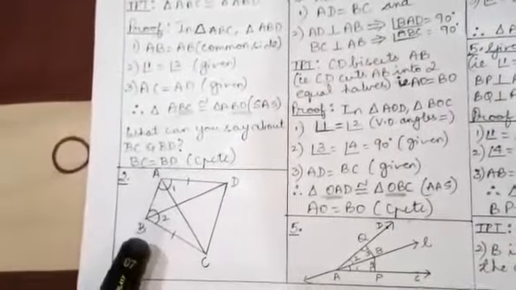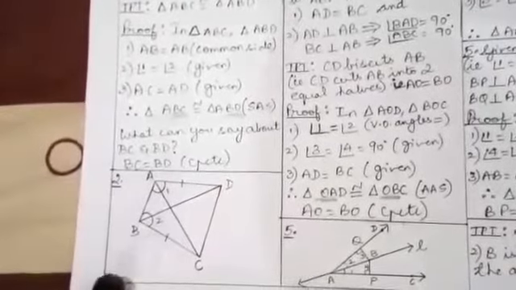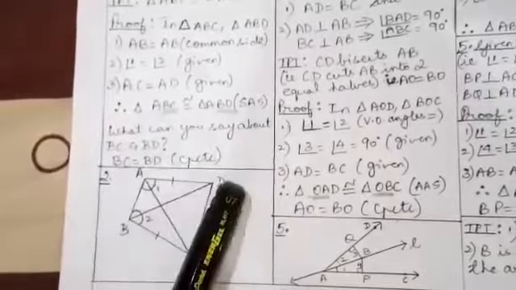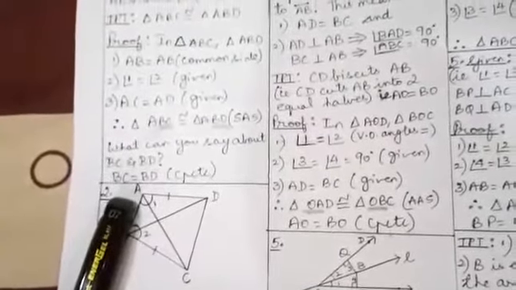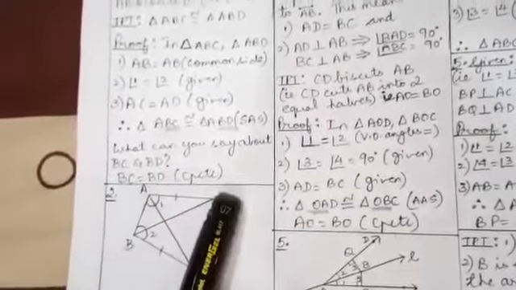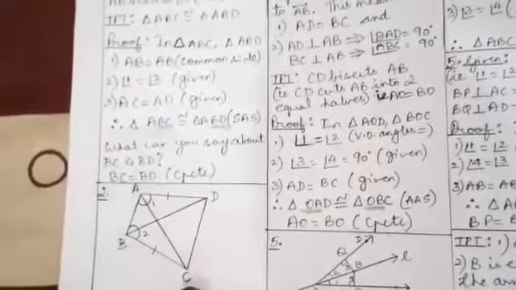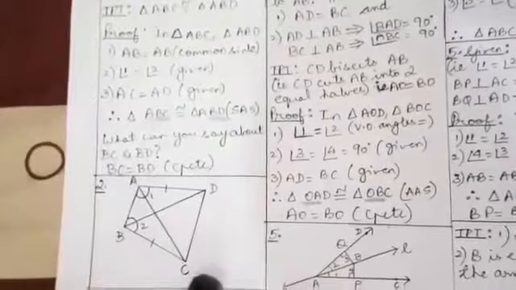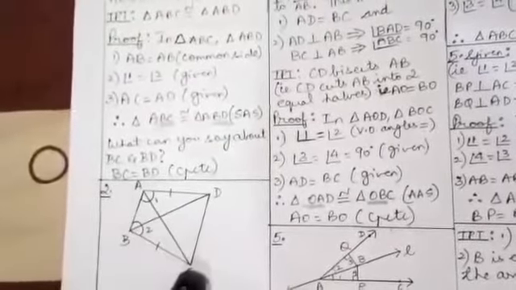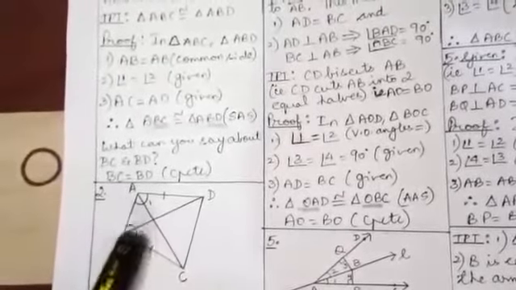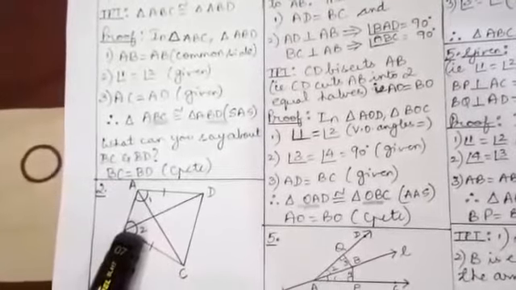Triangle ABD has angle 1 completely in it, and the side AD. And the other triangle BAC or ABC has the side BC and angle 2 completely in it. So you can see the two figures separately here.